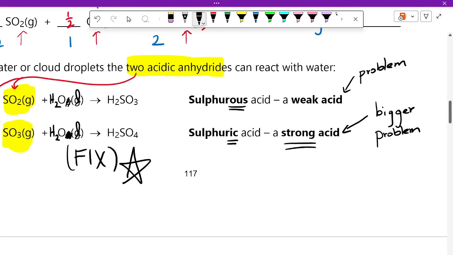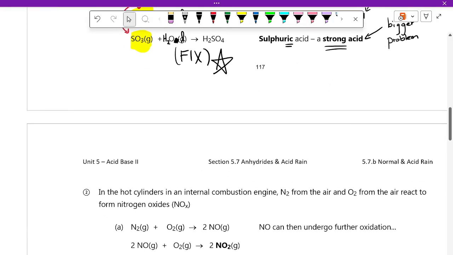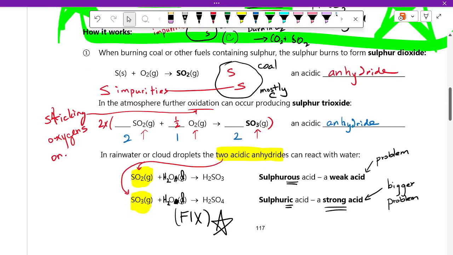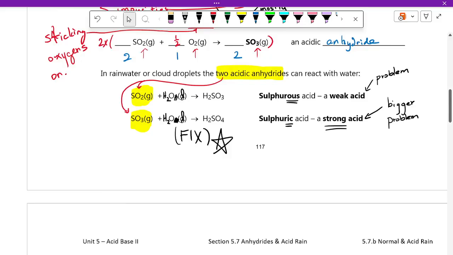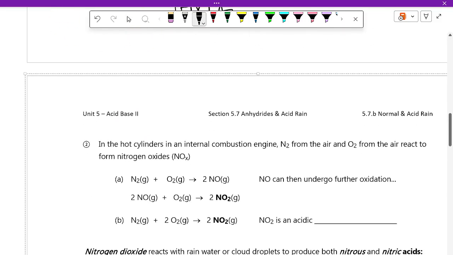And now we're going to move on to nitrogen. Where do nitrogen oxides come from? They come from cars, okay? So we have a little car.